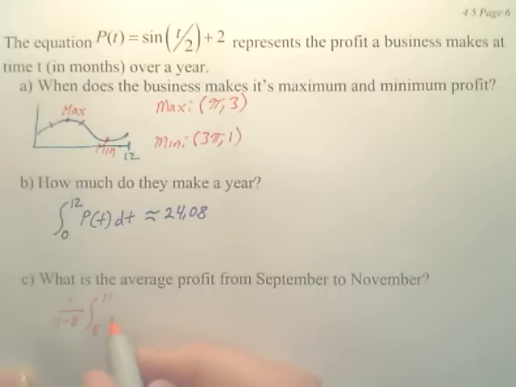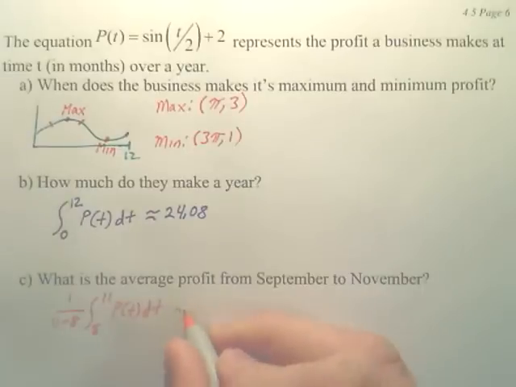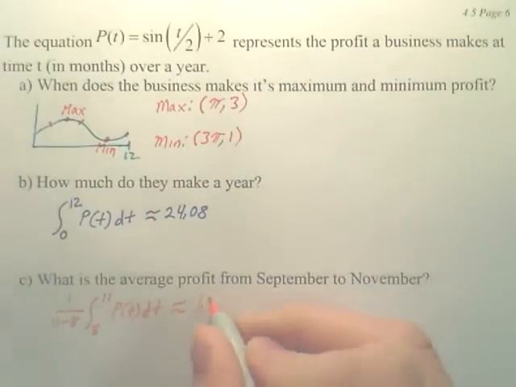And from that, this is still going to be P of t dt. When you integrate that from 8 to 11, you end up with approximately 1.294.